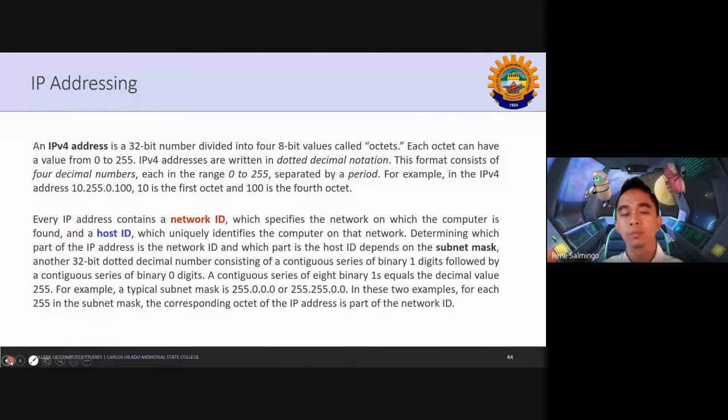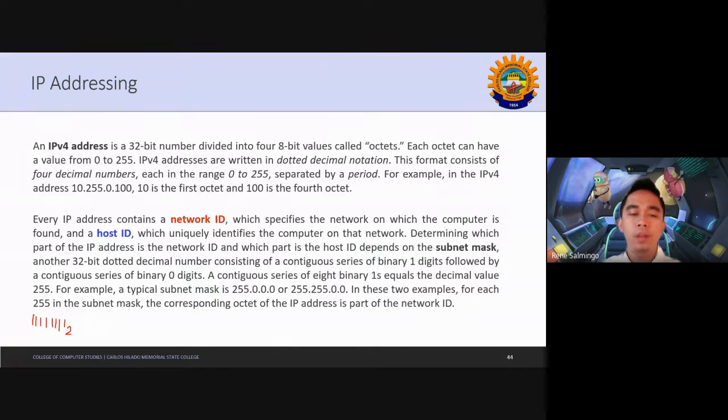By the way, if you are going to convert 255 into binary, it equals 1, 1, 1, 1, 1, 1, 1, 1, and this is your binary value. So how do you know that this is your binary value? You have 1, 2, 4, 8, 16, 32, 64, 128, and you have 255.